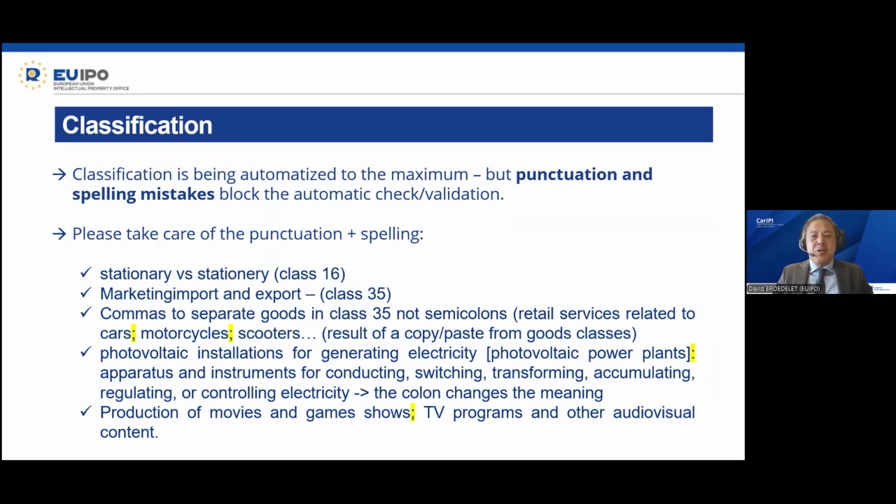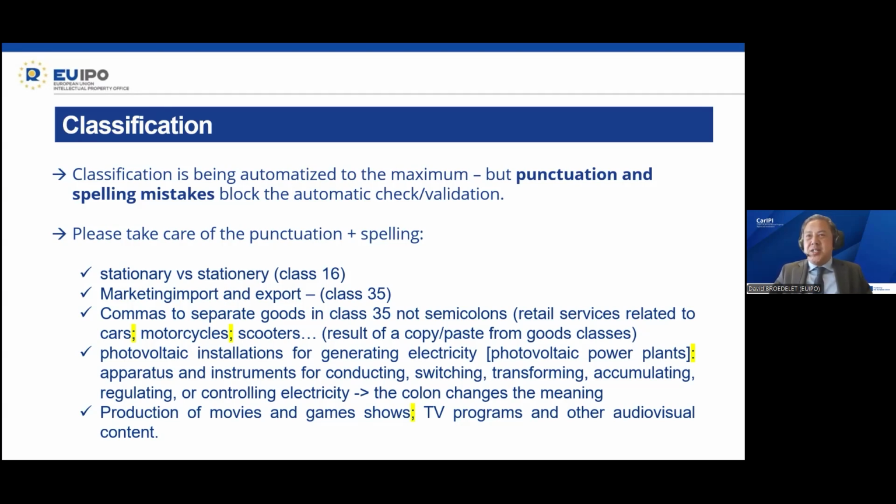We have a quite automated process where our filing tool classifies automatically certain terms. Also, during the filing, applicants can choose to only choose terms which are automatically accepted. What could happen is that there are certain punctuation and spelling mistakes, and this then blocks the automatic validation of the term. So this is important for applicants to look out for.